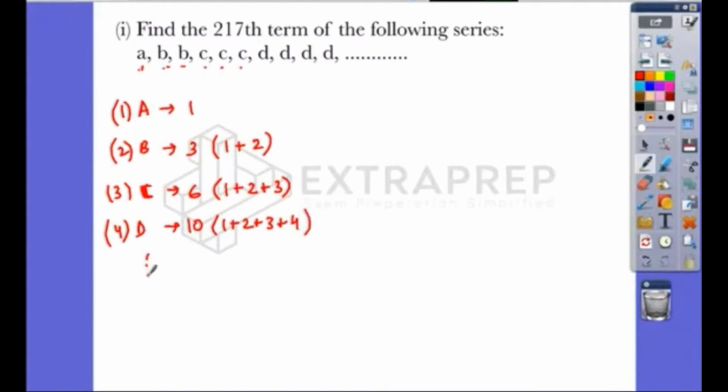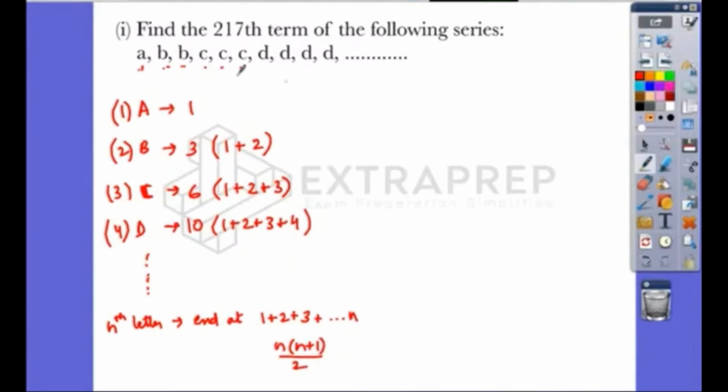If you go on like that, the nth letter will end at 1 plus 2 plus 3 plus so on up to n, which is nothing but n into n plus 1 by 2. Is it understood?